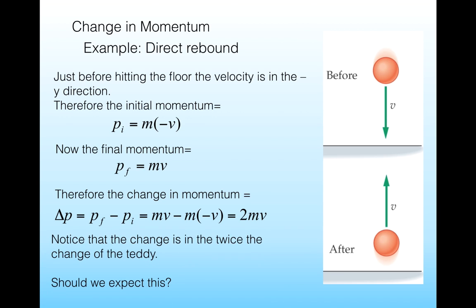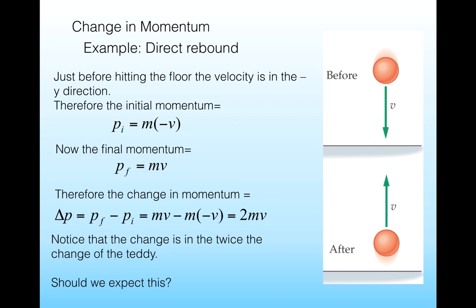And again, now when we have the rebound, we actually see that the momentum that was imparted to the ball is twice that as it was to the teddy that just landed. And this makes sense as well, because you're imparting twice as much momentum because you completely changed its direction, and now it's moving off with the same velocity, but in the exact opposite direction.